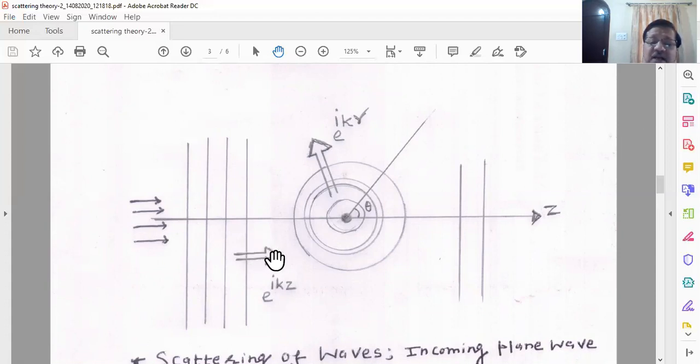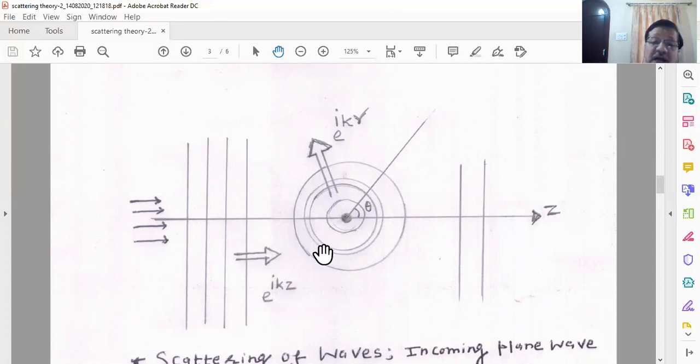which is treated as a plane wave. The expression of the plane wave I wrote in the form e to the power of ikz, because your incident wave, that is your plane wave, is propagating along the z direction.